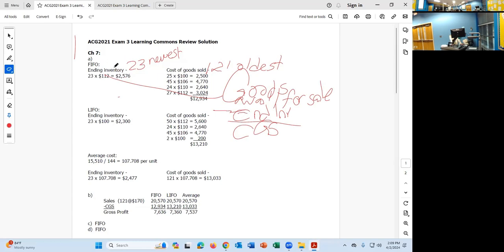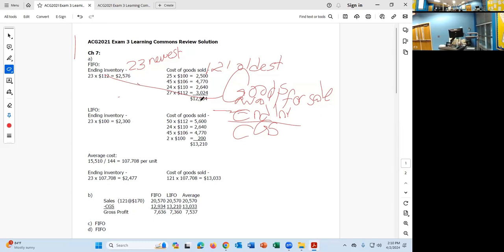So if you are more comfortable calculating the ending inventory first, if you said, hey, I know the ending inventory is just the 23 newest items, let's do one calculation. You could have gotten to cost of goods sold by taking the 15,510 minus 2,556. Or if you got the cost of goods sold first, you could have taken the 15,510 minus the 12,934 and come up with the ending inventory.